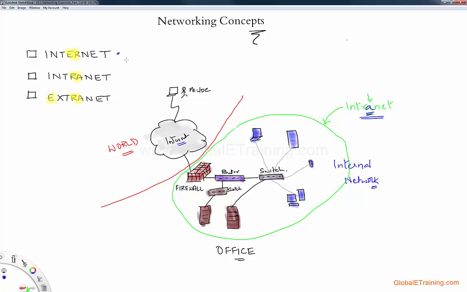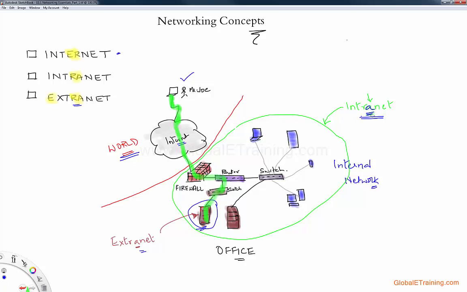And the internet is the world, and everything on the internet. We'll talk about what the internet actually is again in a minute. And then extranet is a kind of network, or a portion of your intranet, that can be accessed externally from the internet. That is referred to as extranet.